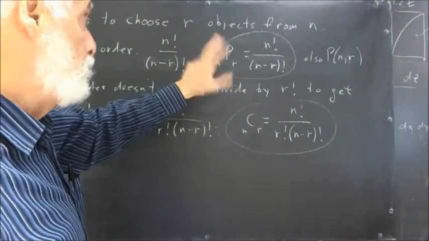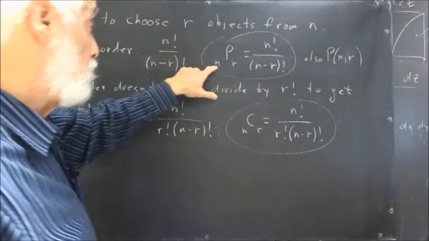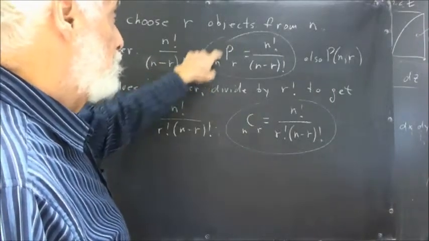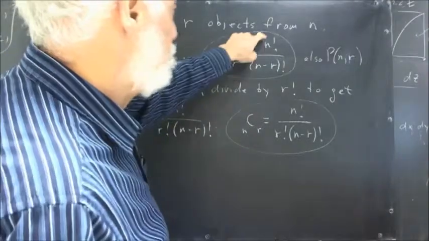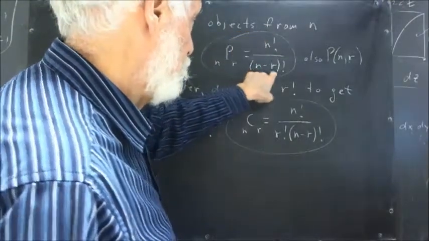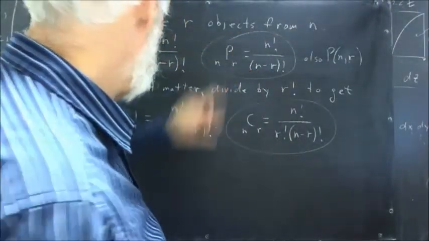We use a couple of possible notations for this. One is subscript N P R, equal to N factorial over (N minus R) factorial.